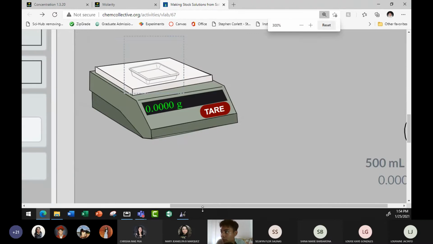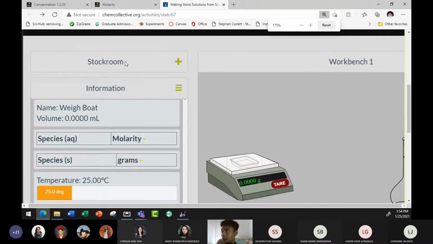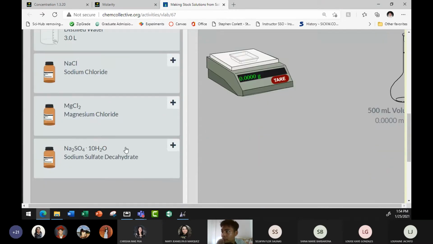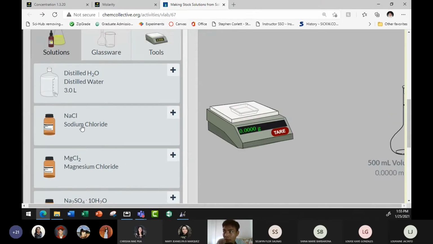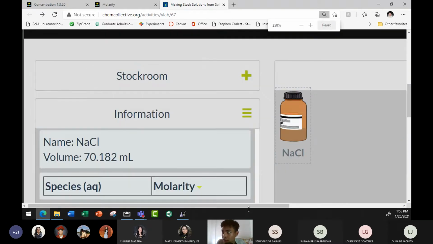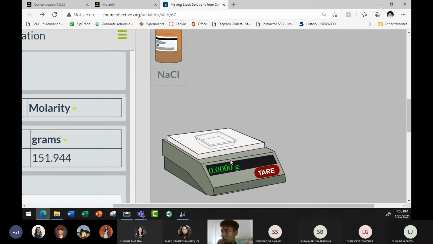So, anong gagawin natin? Kuha tayo ng salt. Ito na lang, sodium chloride. Okay? So, mukha lang itong madali gawin. Pero pag nasa lab kayo, isang oras kayo dyan.